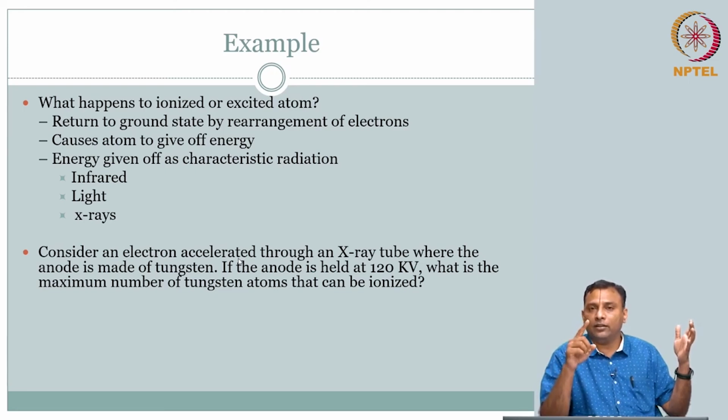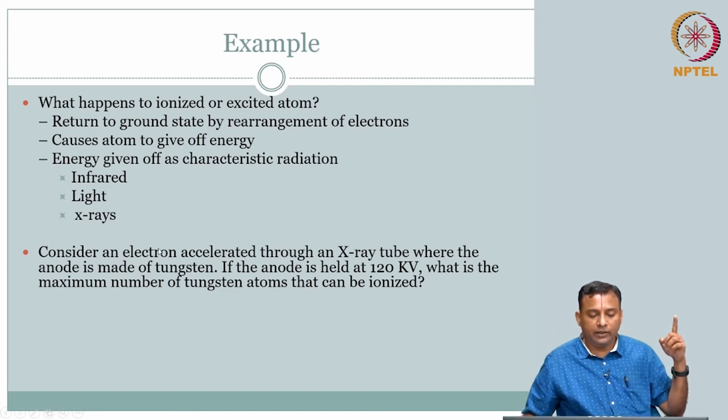If one electron is accelerated across a 1 volt potential difference, the kinetic energy acquired is one electron volt, remember. Here it is not 1 volt, it is 120 kilovolts. So, I have an electron accelerated through an X-ray tube where the anode material is tungsten, and the potential difference is 120 kilovolts.